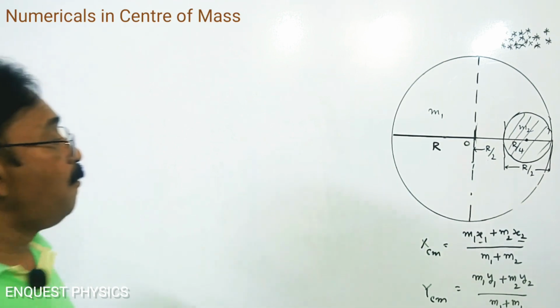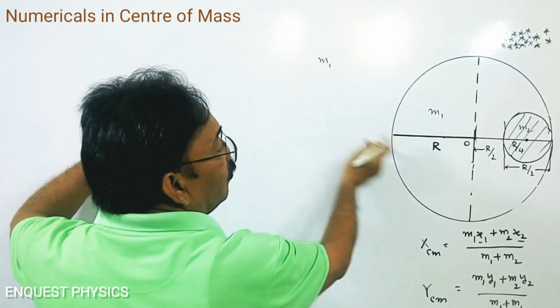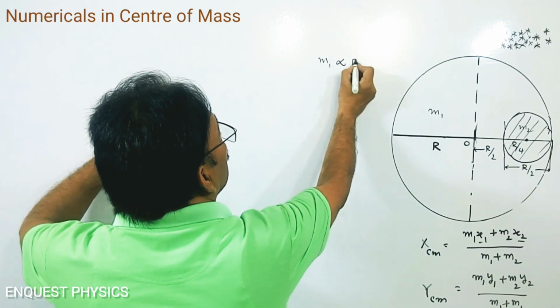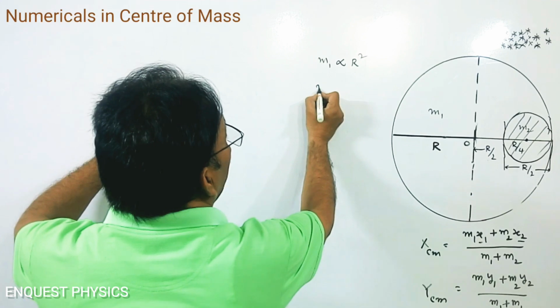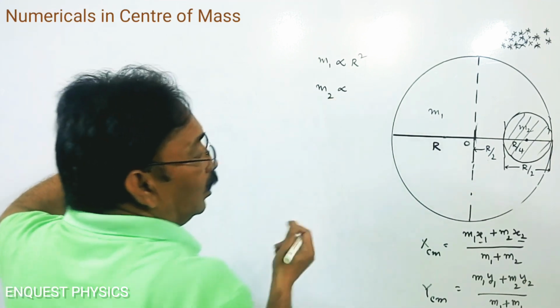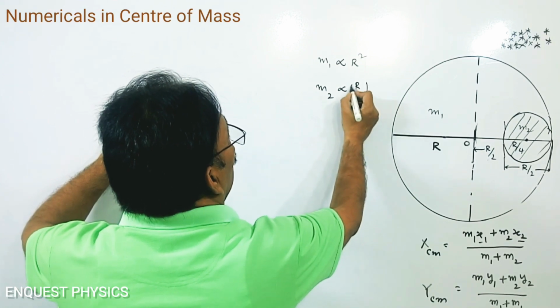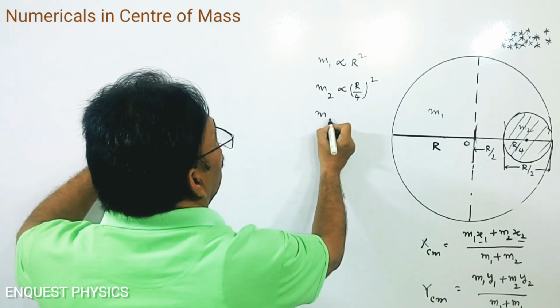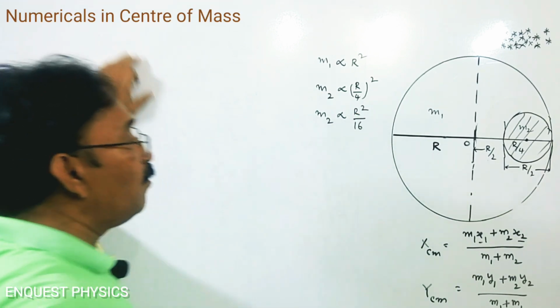First we have to find out the mass. m1 is proportional to r squared we had. Then we have to find out the m2, that is r by 4 whole square. m2 is proportional to r square by 16 students.